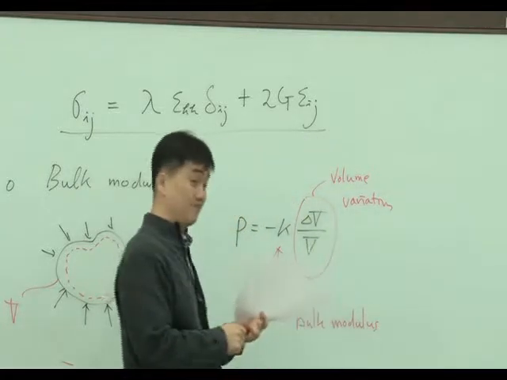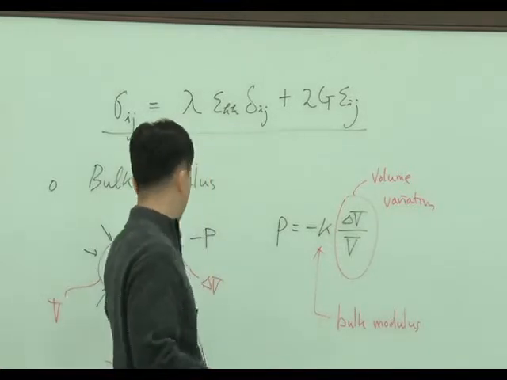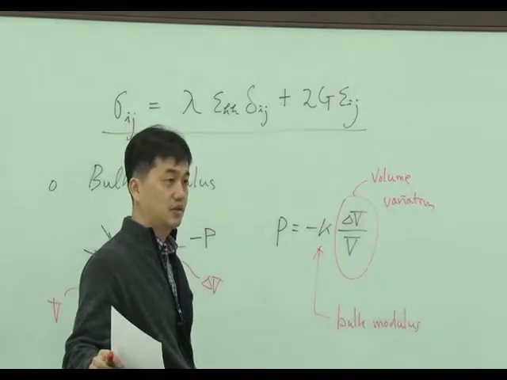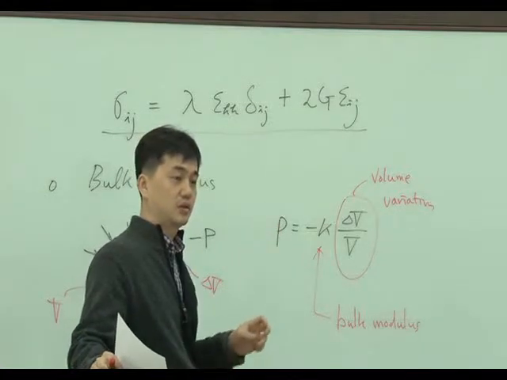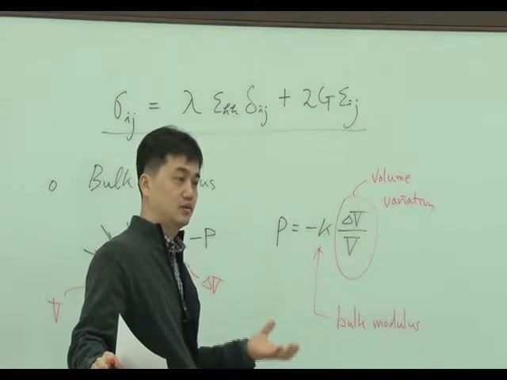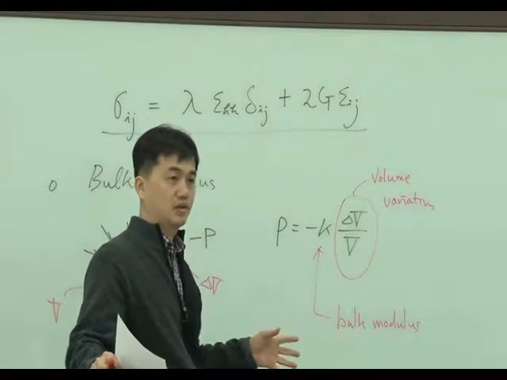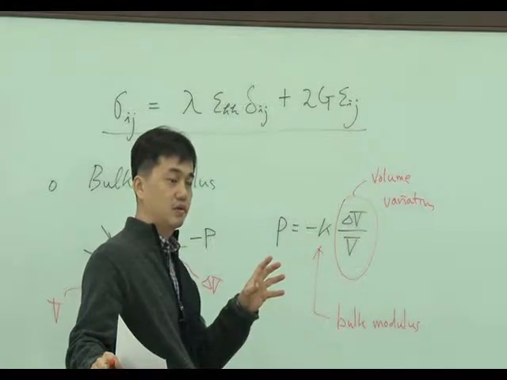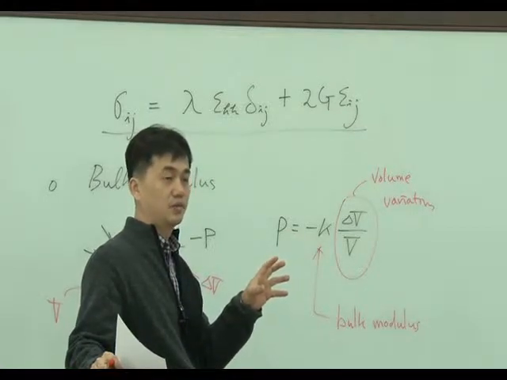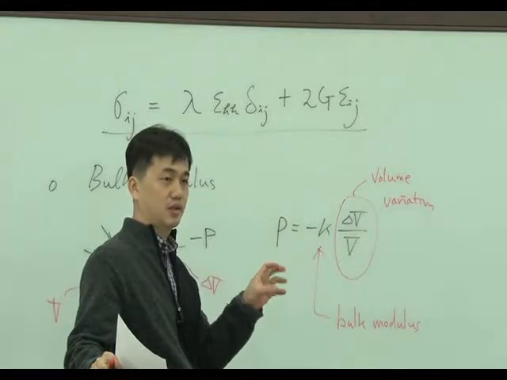So from this kind of experiment, we can find out the K, right? All materials have a bulk modulus, right? Solid, air, water, okay? Because they are resisting the pressure. And all materials are compressible, right?